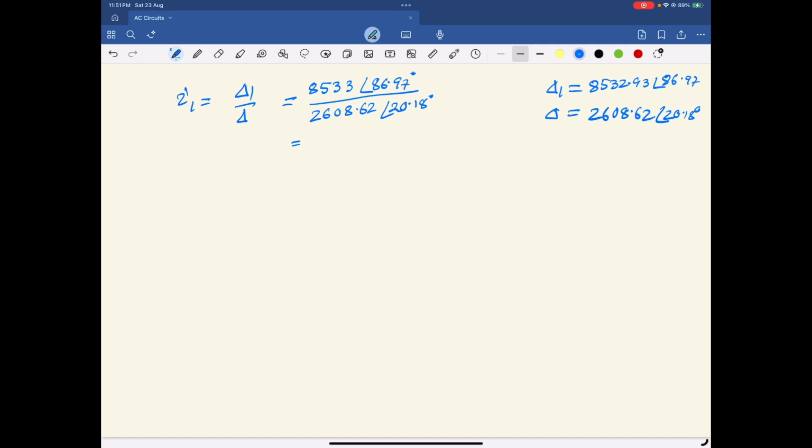So divide it, you will get the value of I1, and the angle will be subtracted. So 66.97 minus 79 degrees. Similarly, we will find I2, del 2 by del.